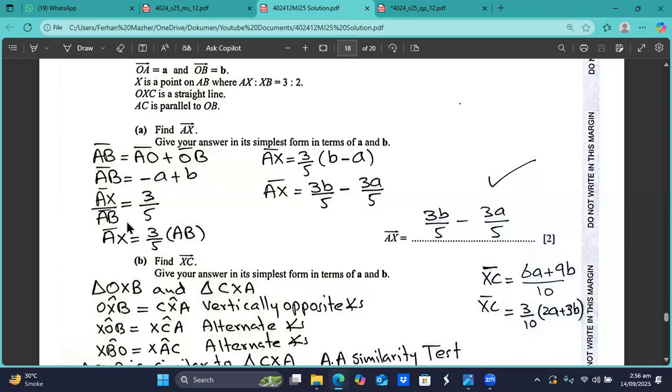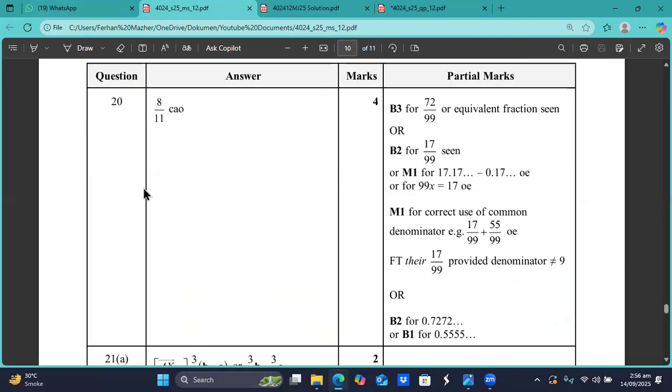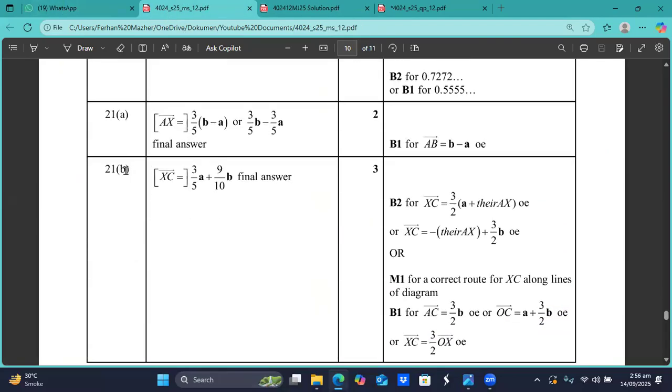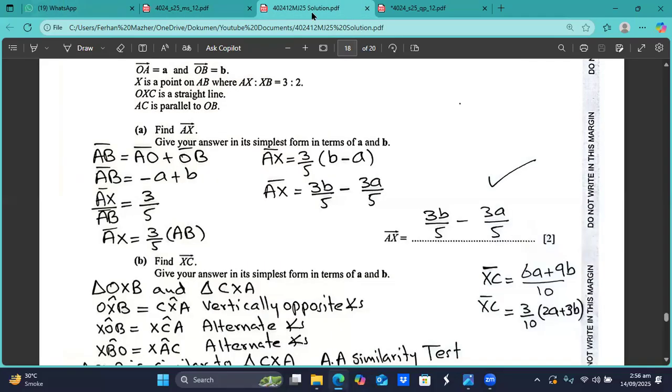AX is 3 parts, AB is 5 parts. So AX will be equal to 3 by 5 into the AB. So AX will be equal to 3 by 5 into B minus A. So the AX can be written as 3B by 5 minus 3A by 5. Simple. So the AX value we know, the value of the AX is this. So our answer is right, sir.